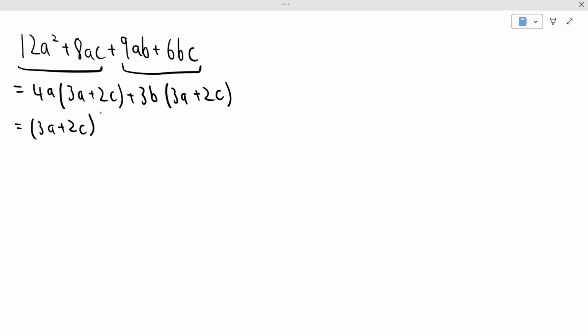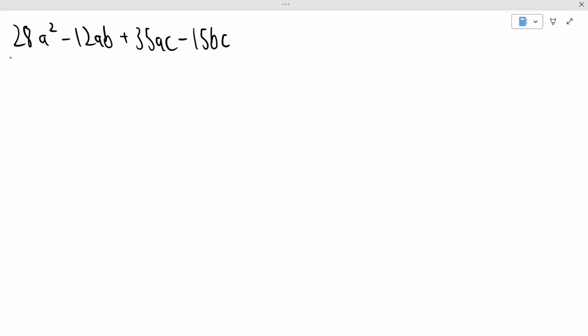So now, to continue our factoring, we take the first term and divide that by 3a plus 2c, and we simply get a 4a. And if we take the second term and take out a 3a plus 2c, we're left with a 3b. And this is our final factored expression. We can see that this expression is factored because there are no additions or subtractions outside the parentheses, and it's in the form of two polynomials multiplied by each other.